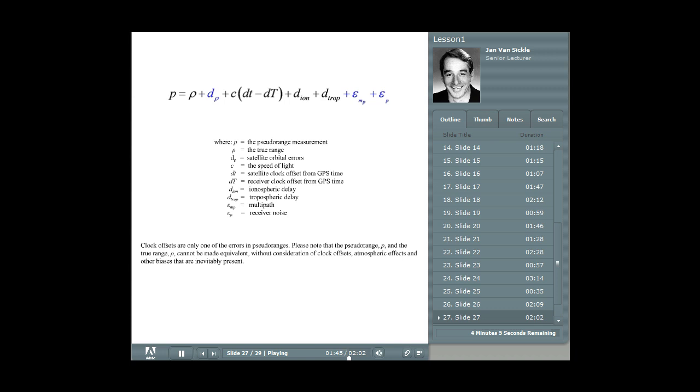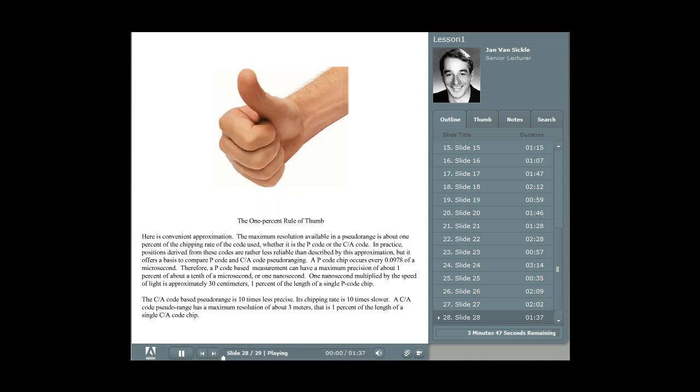And then there's receiver noise. This is like the static that can appear on your car radio. So these are all of the effects that contaminate, if you will, the pseudo-range position. So while the pseudo-range is a good way to get started with a GPS position, it isn't the full answer.